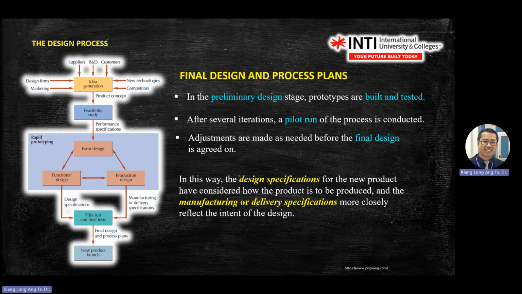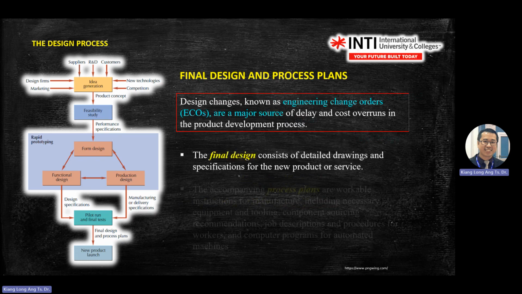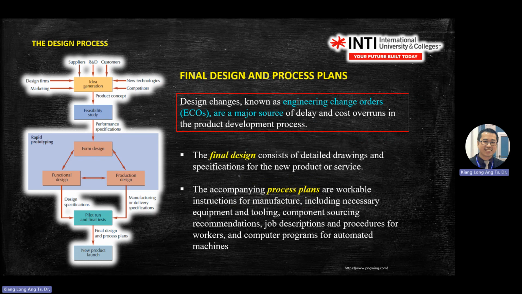Design specification is more on the intent of design, and manufacturing specification is more on how the product is to be produced. This one you read. The output from the final design will be detailed drawings and specifications of new products and services. So back to the milk question.